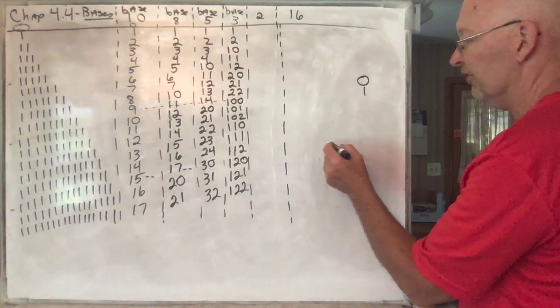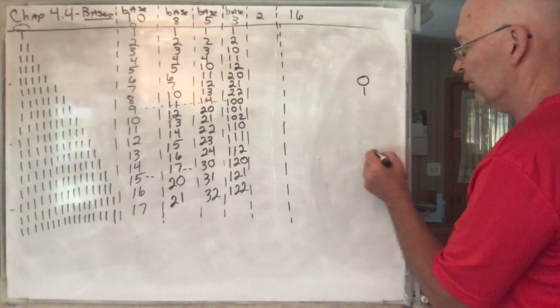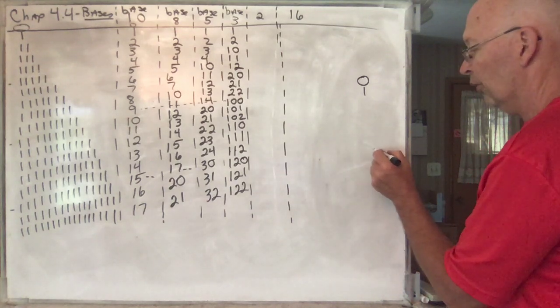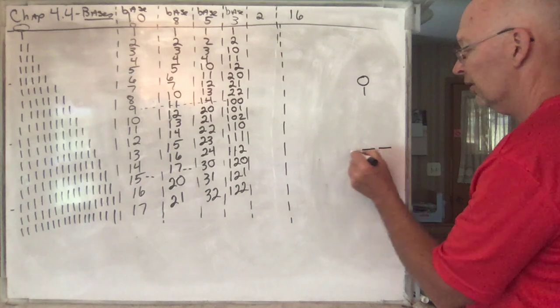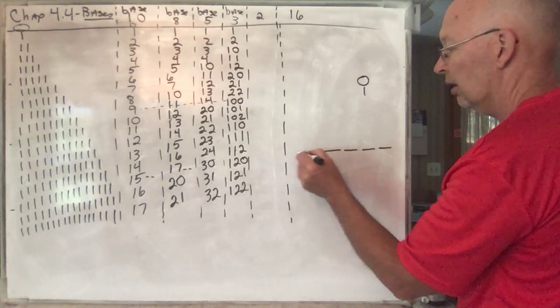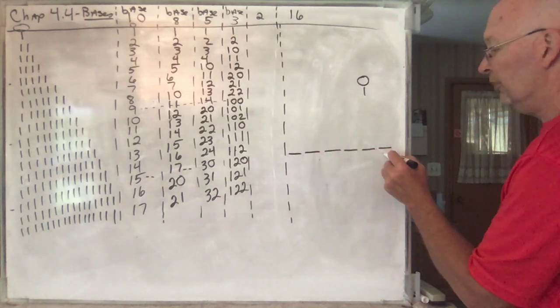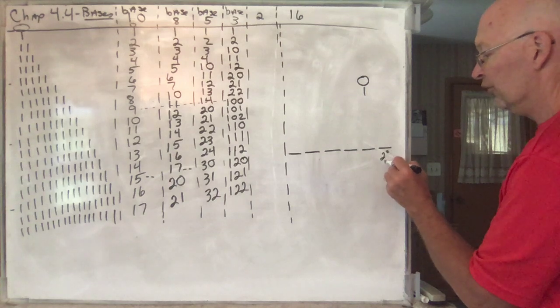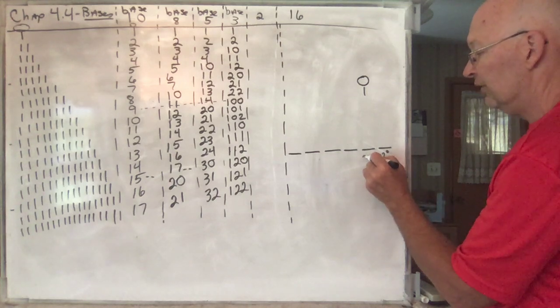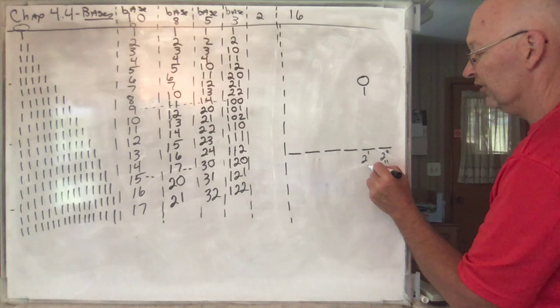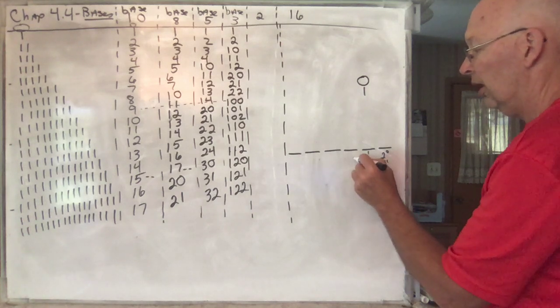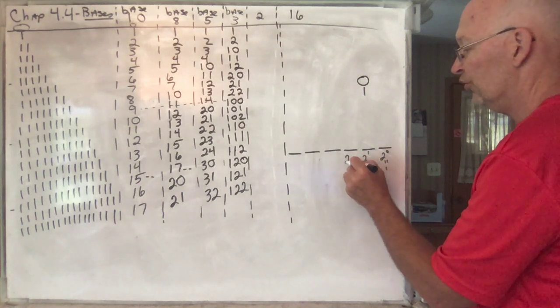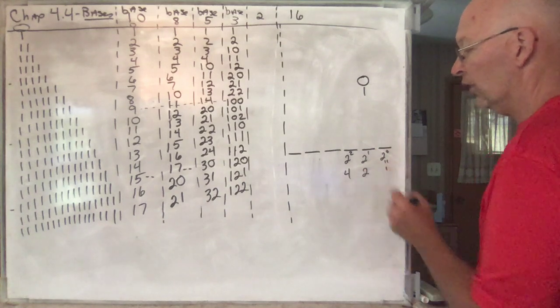So let's think about base 2 before we go too far with it. So we only have zeros and ones. Okay, this is going to be 2 to the 0 power, which is 1. This is going to be 2 to the first power, which is 2. This is going to be 2 squared. 2 squared is 4.